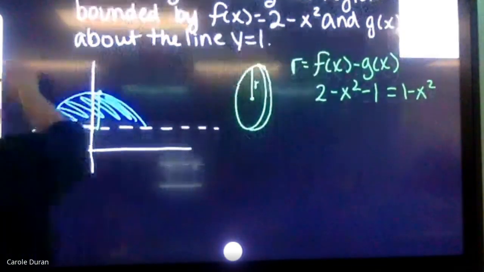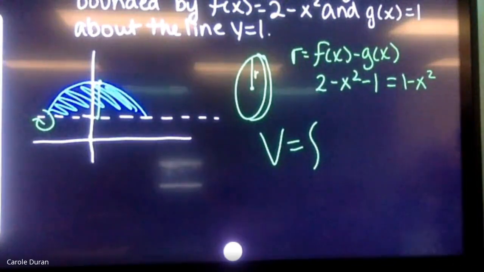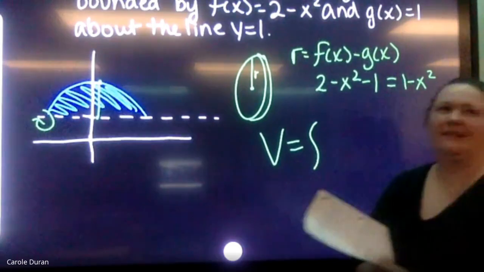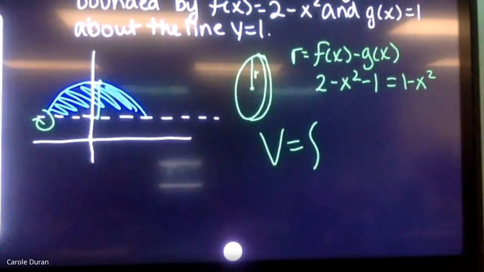So my volume would be the integral from what to what? It's not 1 to 2. What is different here? We don't have our numbers, which means that we actually needed to find them.